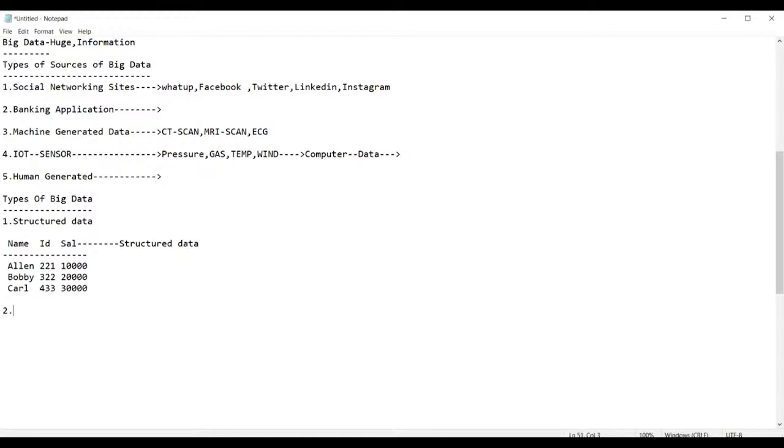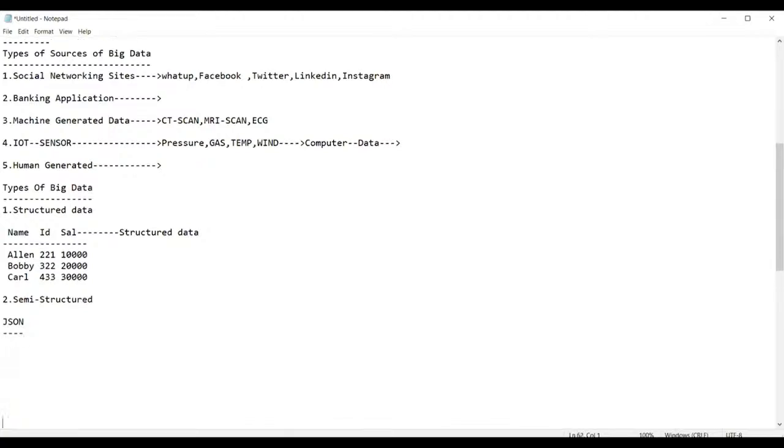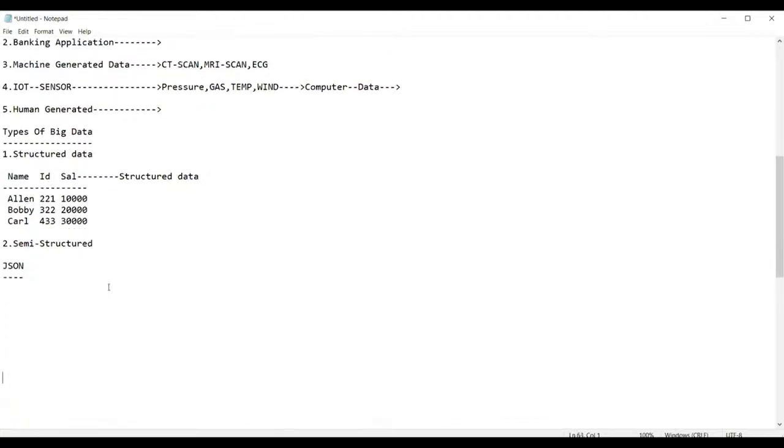The second one is semi-structured data. This data is purely not structured as well as not unstructured; it is semi-structured, such as data in JSON files. For example, I'll show how a JSON file looks. The data in a JSON file is given in curly braces.